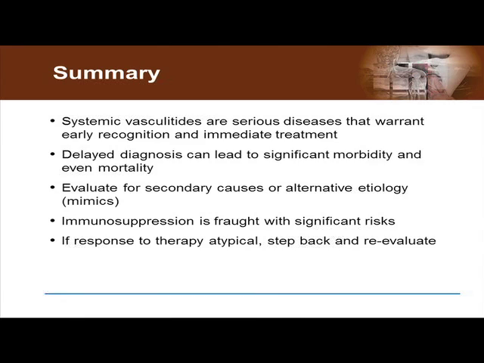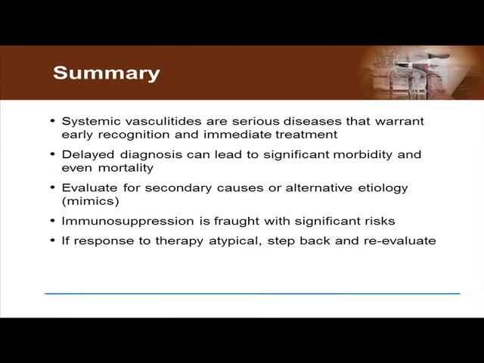So to summarize, the primary systemic vasculitic diseases are serious diseases that warrant early recognition and immediate treatment because we know that delayed diagnosis can lead to significant morbidity and even mortality. Like I said, it's most important right at the beginning to evaluate for secondary causes or an alternative etiology like mimics of primary systemic vasculitis.